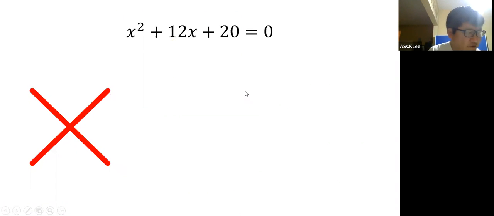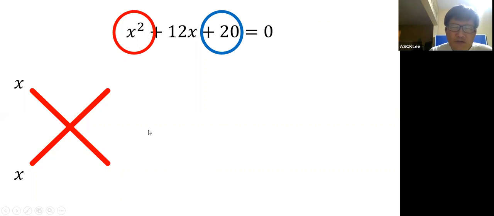Let's go on. We are going really quickly. All right, x squared plus 12x plus 20. Okay, and let's try this. x squared equals x times x. 20 equals 4 times 5, let's say. Okay, so here, we have to multiply diagonally.